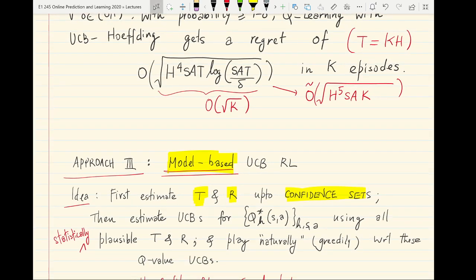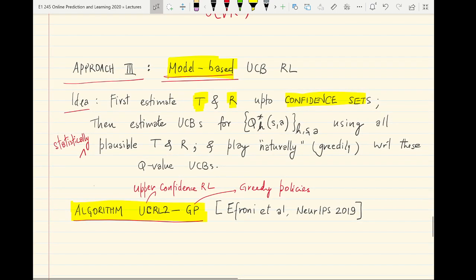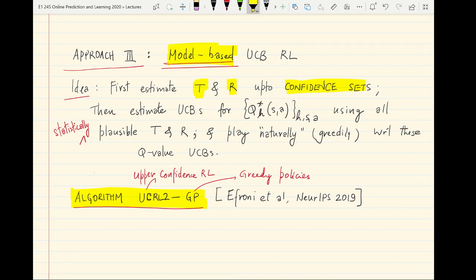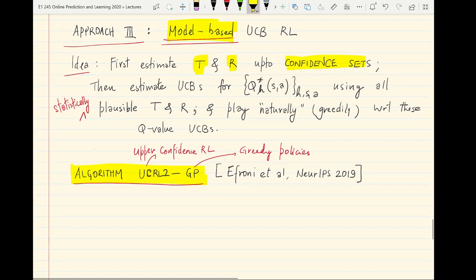You essentially learn the entire model, or equivalently the transition probability table for the MDP. So the idea here is to first estimate T and R up to confidence sets, and then proceed to estimate UCBs for Q star H using all the statistically plausible T and R functions that you've learned, and then just play naturally with respect to these Q value UCBs.